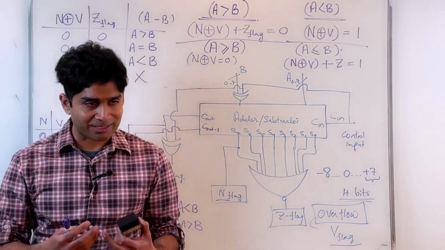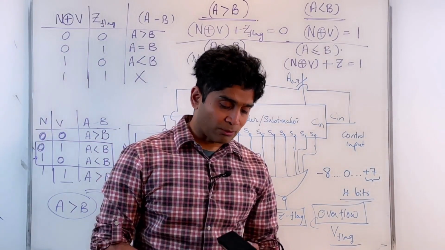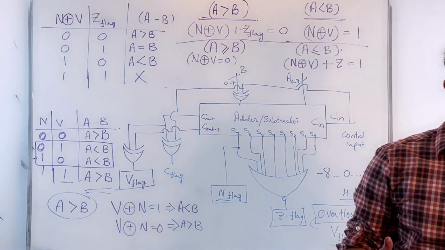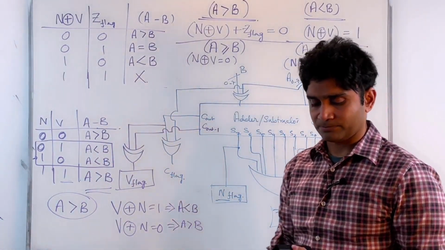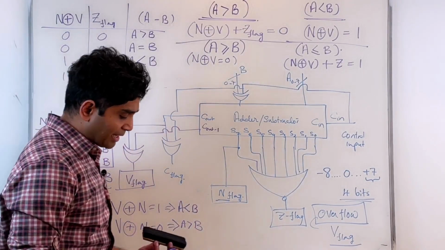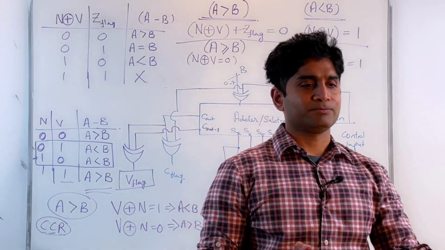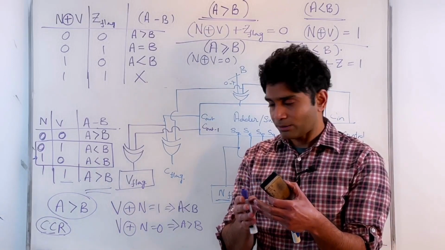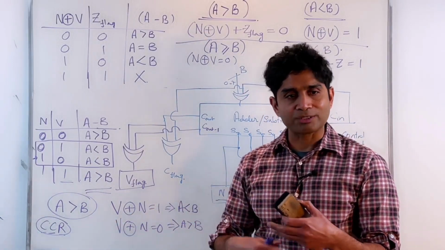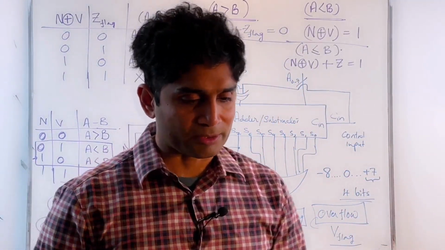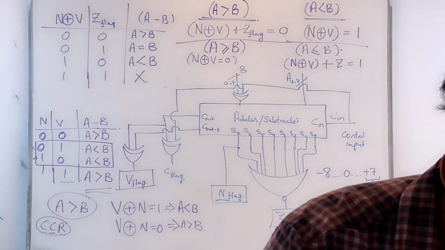We have derived the conditional testing, and it turns out that in an actual microcontroller, you have a temporary memory location called a conditional code register, or CCR for short. As you execute instructions, the contents of the conditional code register are changed continuously.